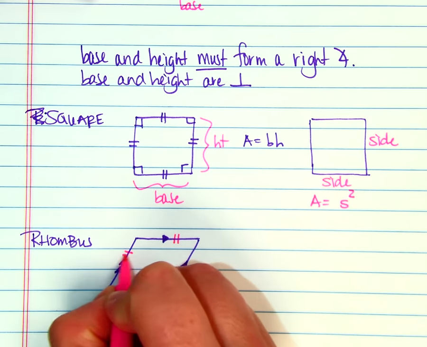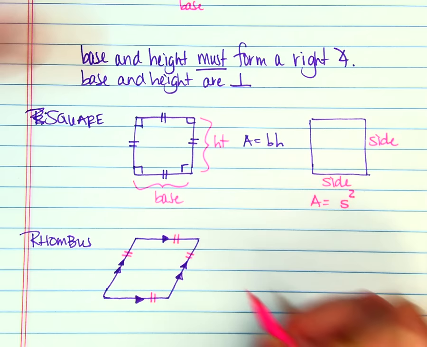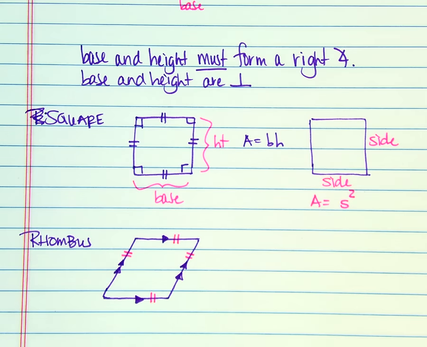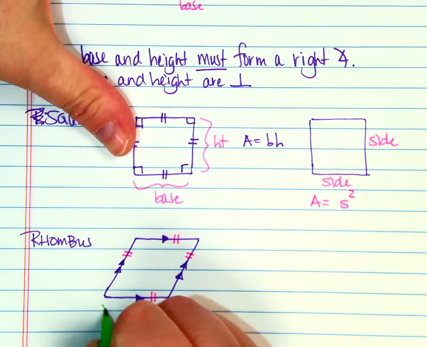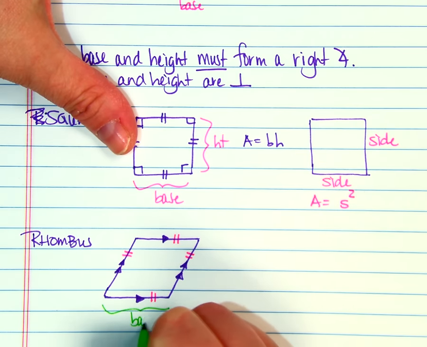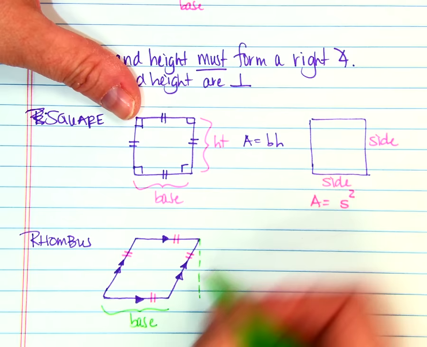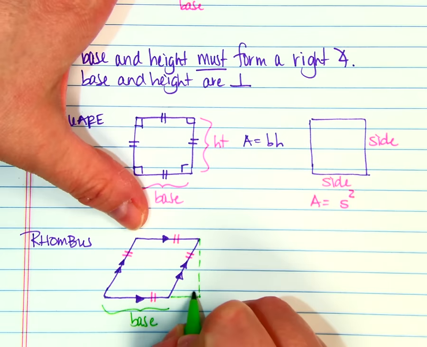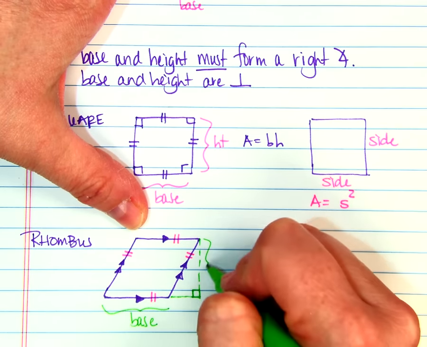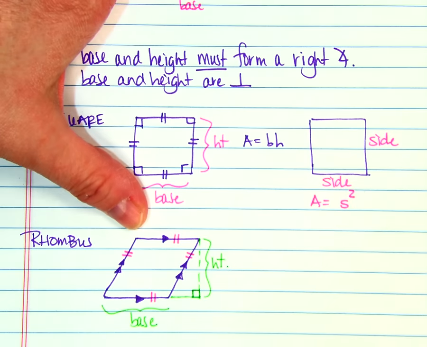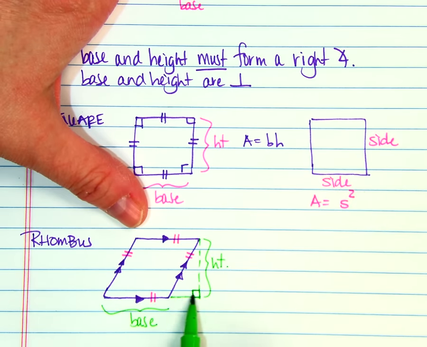So all of these sides are also congruent. So much like the parallelogram, one of these sides would be my base, and my height would be whatever is perpendicular to it. Again, this piece does not become part of the base.